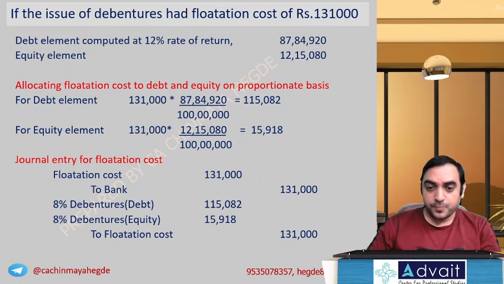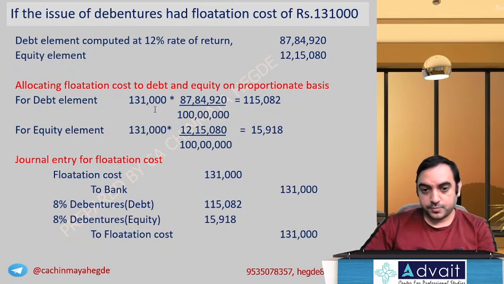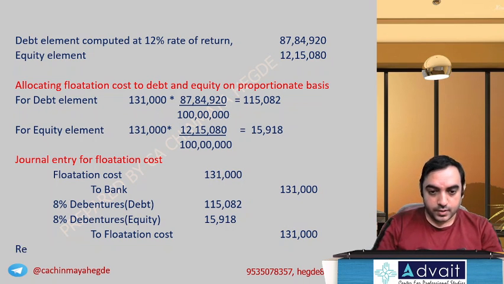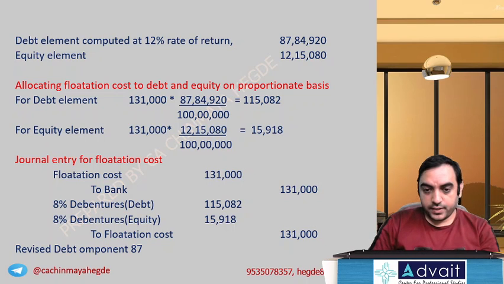Let's write that down also. Revised debt component: 87,84,920 minus.